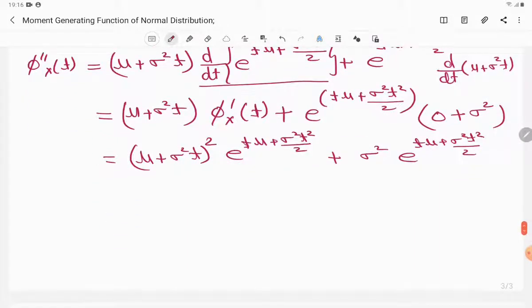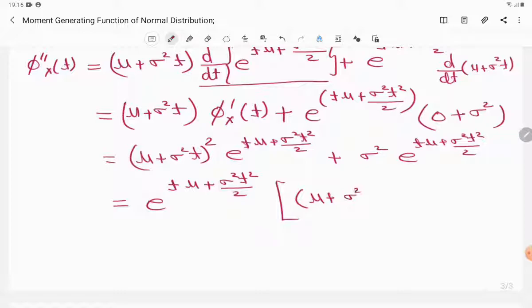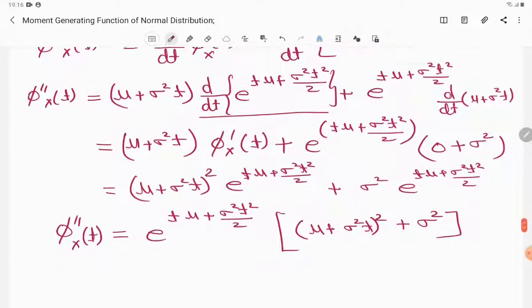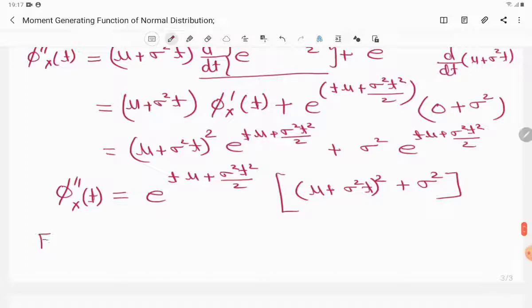You can see I have that exponential term common, so I will take it outside, and inside that I can write this. Now for E of x square, as I mentioned earlier, that is nothing but phi double prime x of t at t equal to 0.